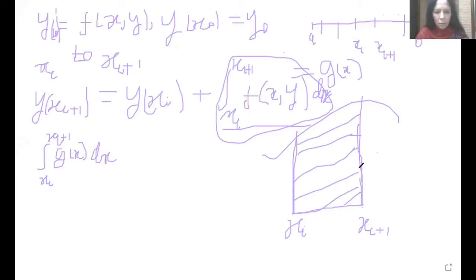Don't confuse, I think you people will not confuse. So which one is creating the problem here? Here this curve g(x) is creating the problem. So what we will do, we will approximate this curve by a straight line.